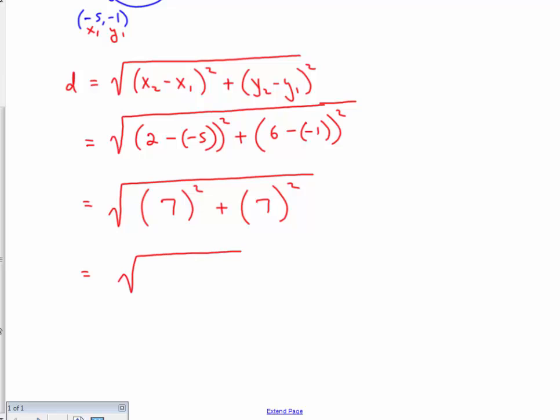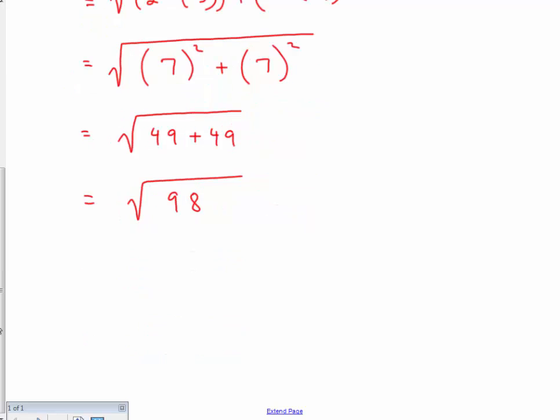7 squared is 49 plus 7 squared is 49. Add 49 and 49 and you'll get 98. We want to try to factor 98 to see if there are any perfect square factors in 98.